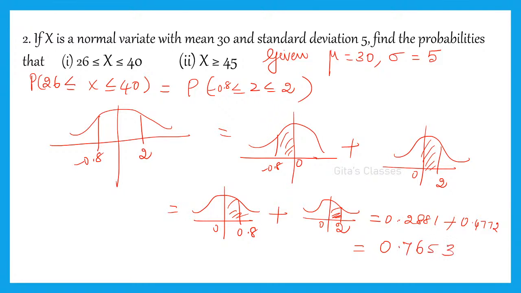Excellent. Bhavana correct. Manaswini correct. Mani Kumar, minus 0.8 to 2 correct. Abhinaya, be careful about the variable. Dhruti Reddy, 0.7653 is correct.